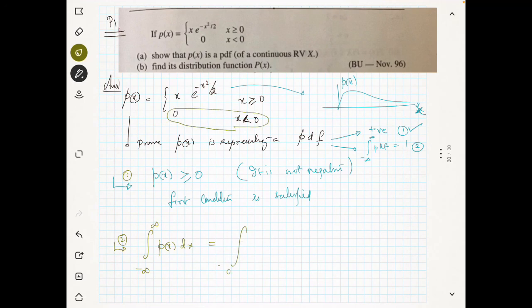This is nothing but the integral from 0 to infinity of x into e power minus x square by 2 dx. If this area is equal to 1, then it is a PDF, otherwise it is not a PDF.